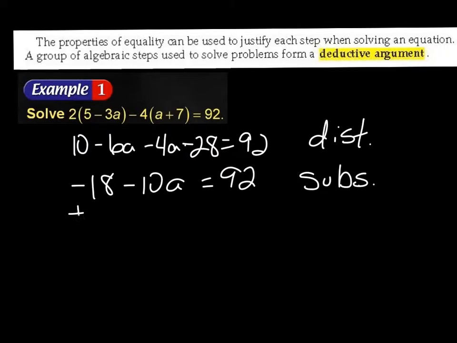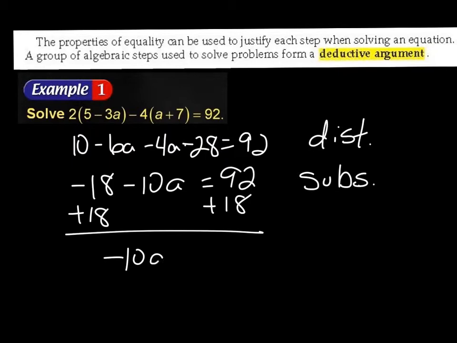Then I can add 18 to both sides of the equation. So we've got negative 10a equals 110, and that was addition property of equality.